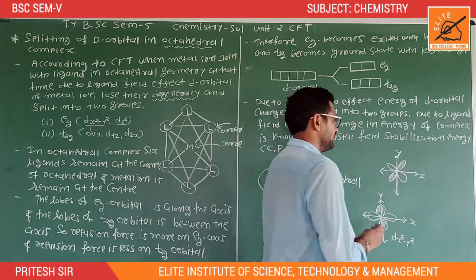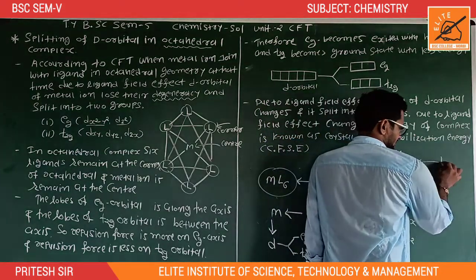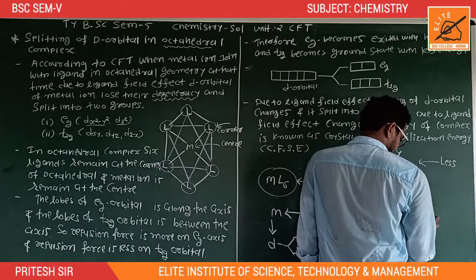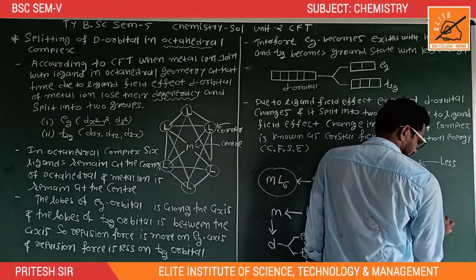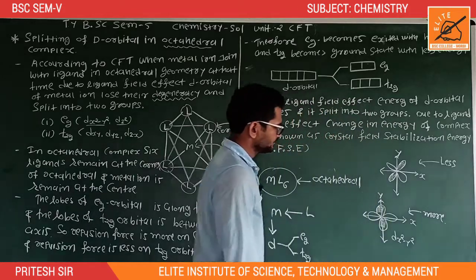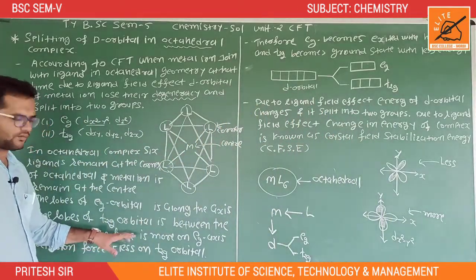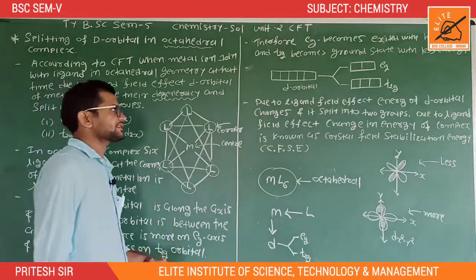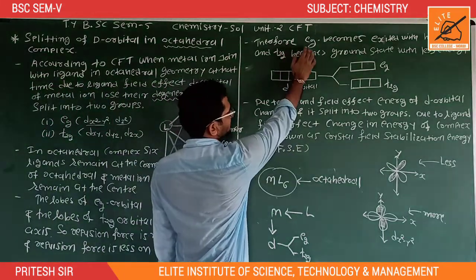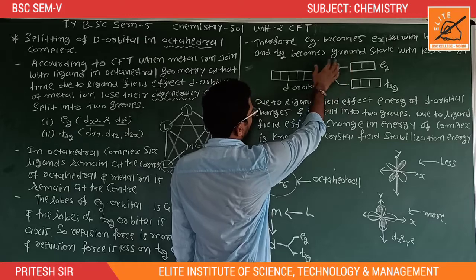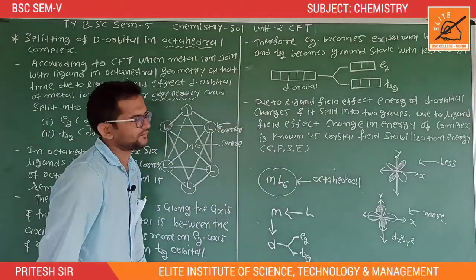So repulsion is more on the Eg orbitals and less on the T2g orbitals, because here the lobes are along the axis, while here the lobes are between the axis. Due to more repulsion on Eg, Eg becomes the excited state with high energy and T2g becomes the ground state with low energy.